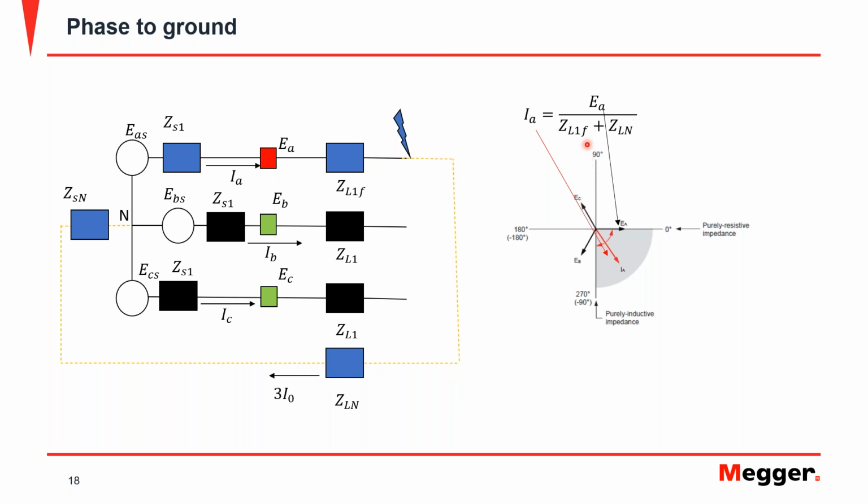But again, we are going to see that the current is going to lag the voltage, and it's going to lie within 90 degrees, given that the impedance of the line and the impedance of the neutral are both mostly inductive.